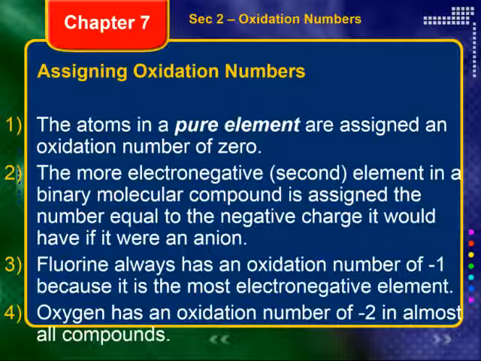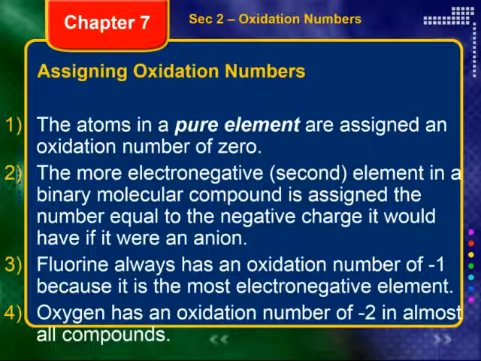A couple of special situations. Fluorine, for example, always has an oxidation number of -1 because it's simply the most electronegative element. Oxidation states describe the general distribution of electrons. If fluorine is the single most electronegative element on the periodic table, then no element is going to be able to outpull fluorine when it comes to attracting electrons.